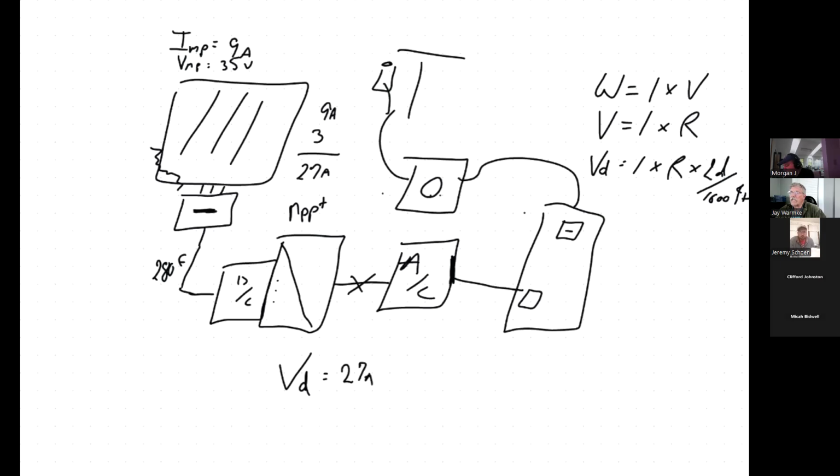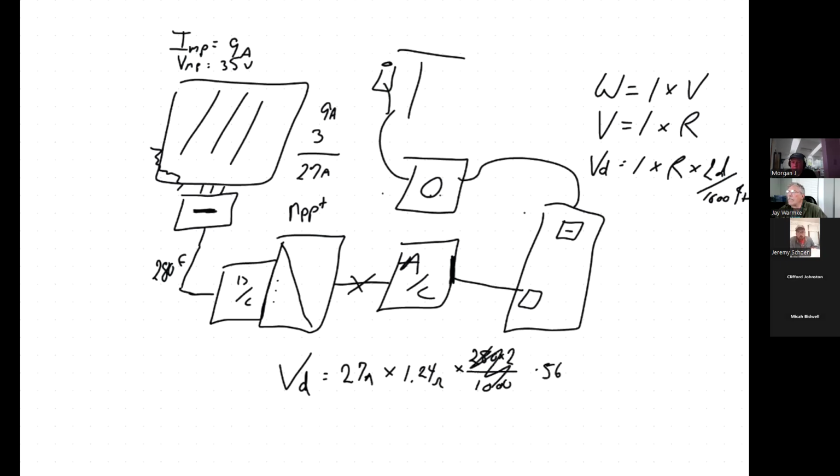Voltage drop is resistance. I said I'm using 10 gauge wire. So you look up in your table on page 92 and you see 10 gauge wire stranded is 1.24 ohms per 1,000 feet. Well, what proportion of 1,000 feet am I talking about? It's 280 times 2 divided by 1,000. That's going to be 560 divided by 1,000, or 0.56.